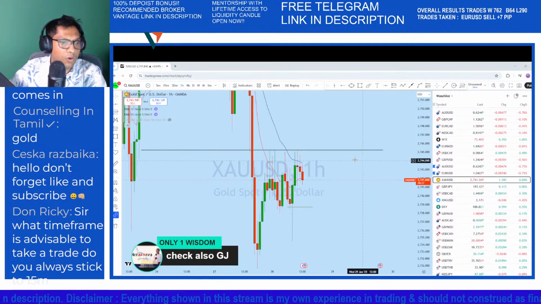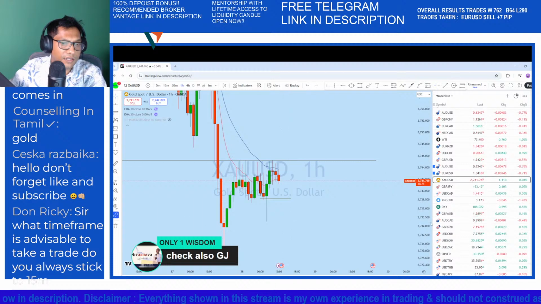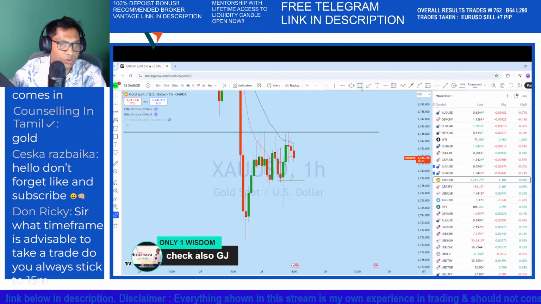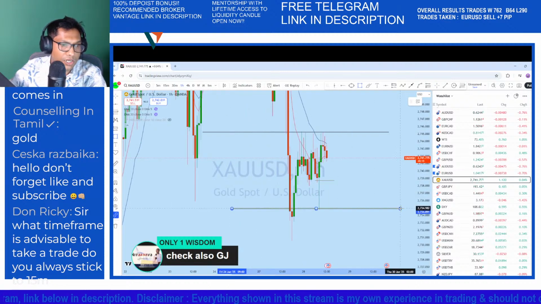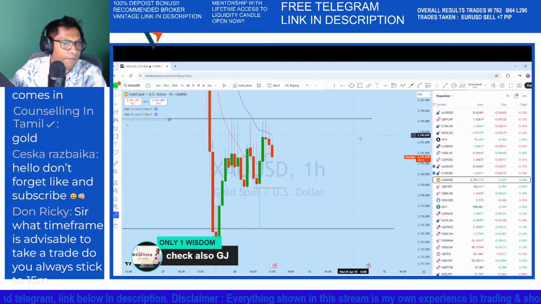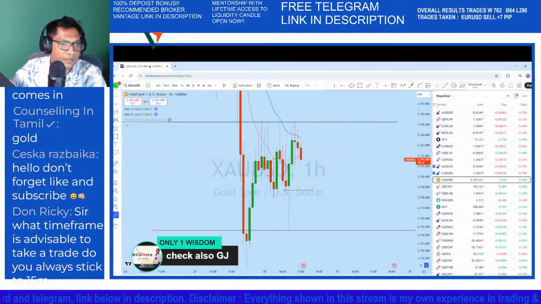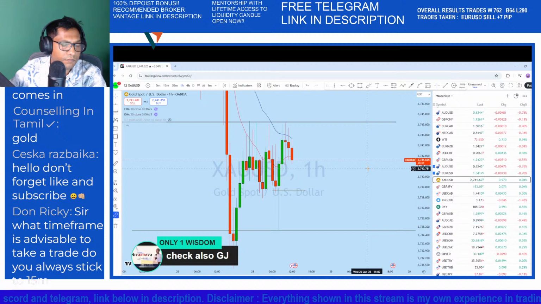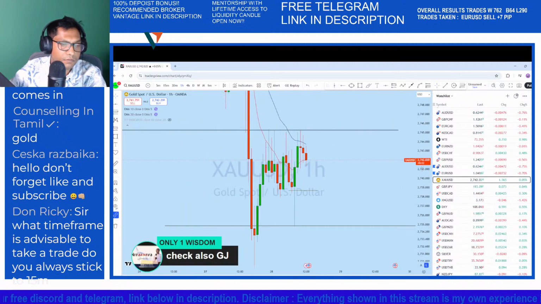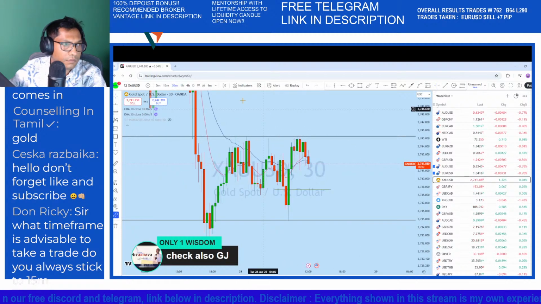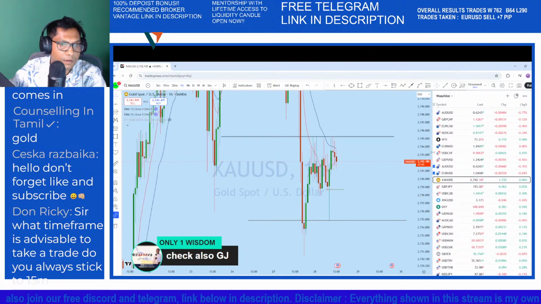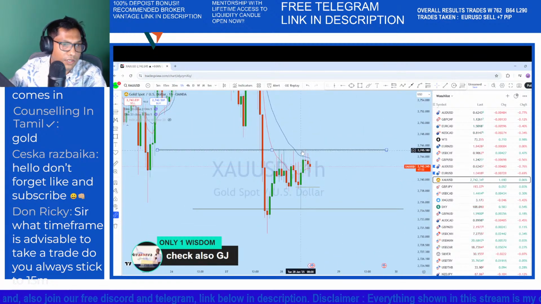okay, on the lower time frame, we can see that from this resistance line the market started to drop in that direction, and we may see the price coming back potentially to the liquidity zone here, and with that drop, this is where there is a resistance.